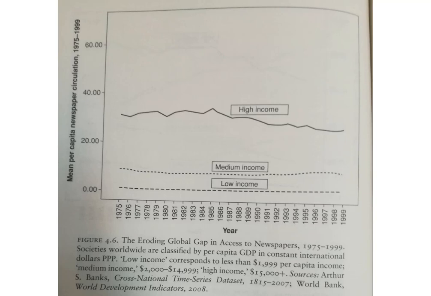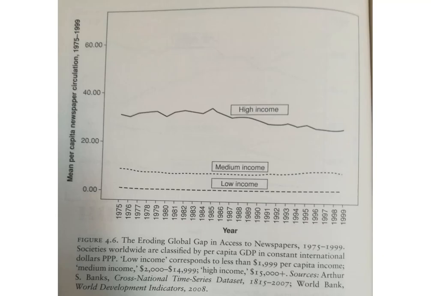In medium income countries the mean per capita newspaper circulation is around 10, while in higher income countries it peaked in mid 80s, around 84, 85, at around 35 per capita circulation, and then by the end of the 1990s it went down, I think, below 30.